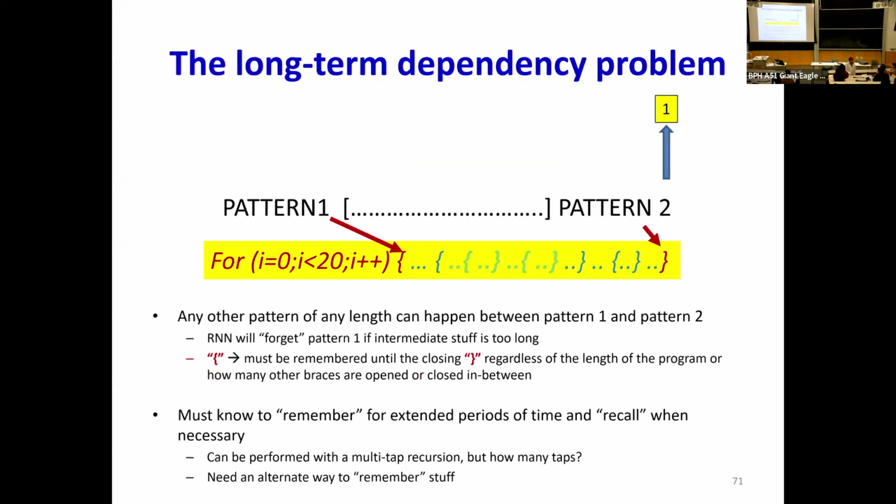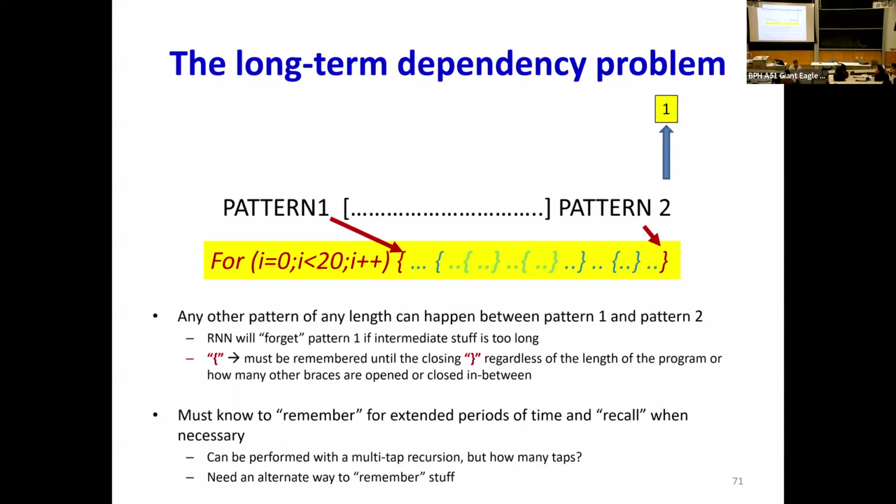How long you must remember them should not be a function of the network, the weights or the activations. It must be a function of the input and the input alone. So for example, if I'm analyzing code, if I have a curly brace that's opened, I must remember that this curly brace was opened until I encounter a closed curly brace. Not any odd closed curly brace, but the matching closed curly brace.